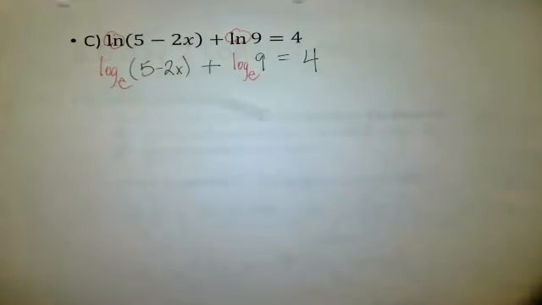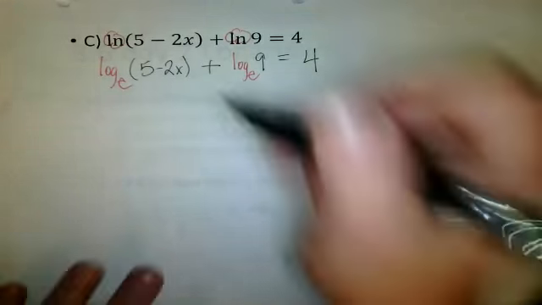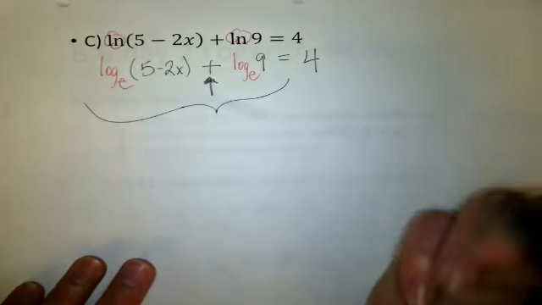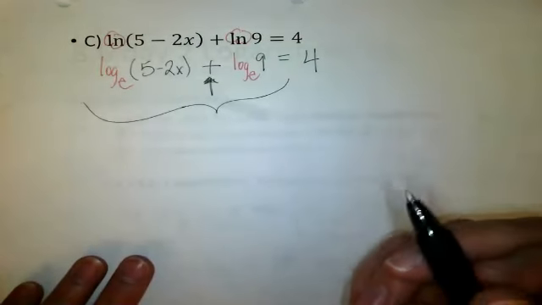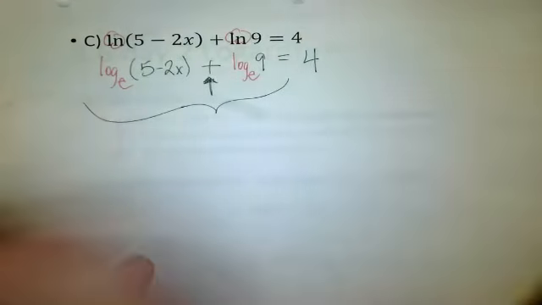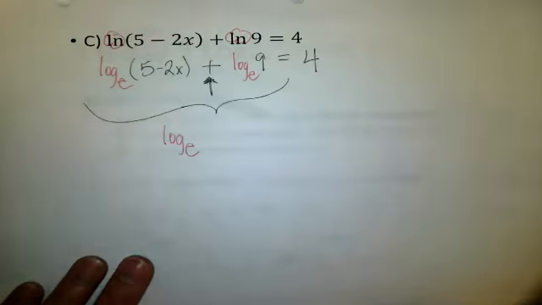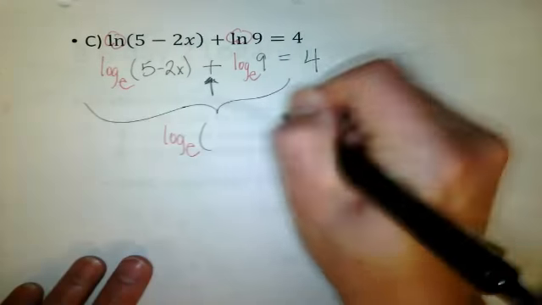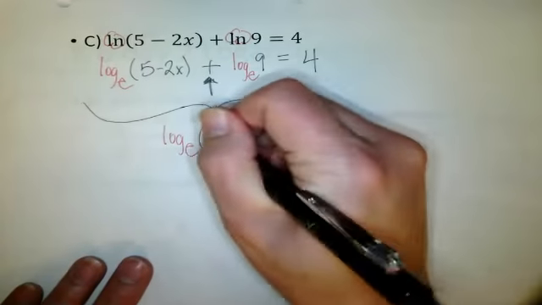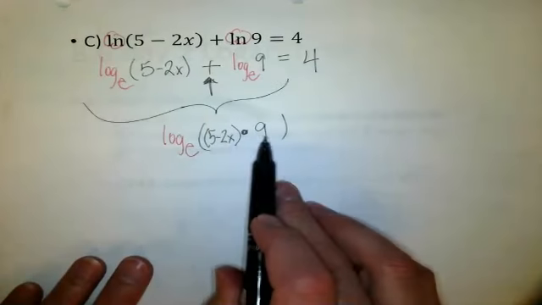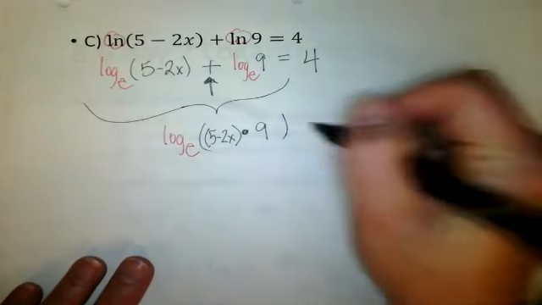So what do we need to do first? Multiply. What allows us to add the logs? The multiplication, the product property. So I'm going to condense it to a single log of what times what? Yes. 5 minus 2x times 9.